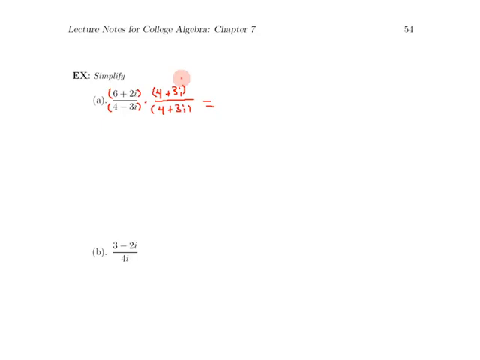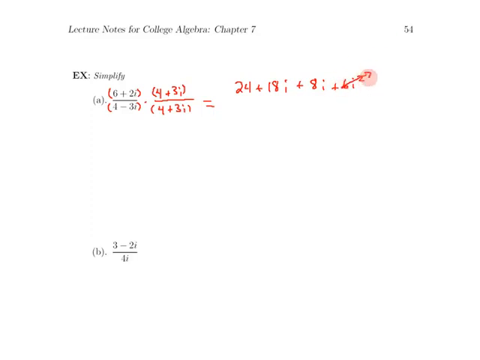So 6 times 4 is 24. 6 times 3i is plus 18i. 2i times 4 is plus 8i. And 2i times 3i is plus 6i squared.